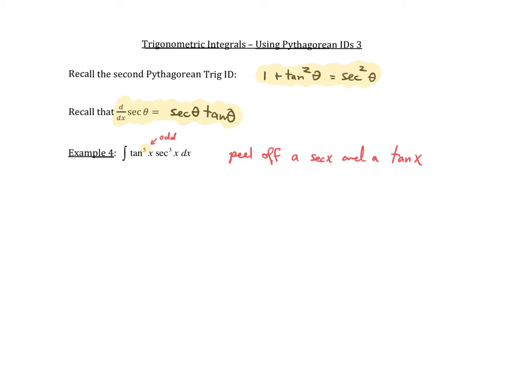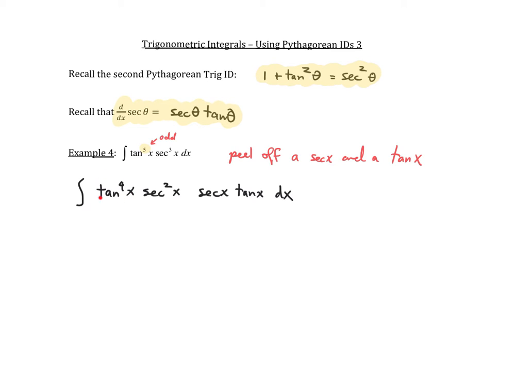Okay, so when we peel off those terms, we're going to get tangent to the 4th x, secant squared x, and then we'll have a secant x, a tangent x, and the dx is still there. The next thing that we want to do is, I see I have this tangent to the 4th power.